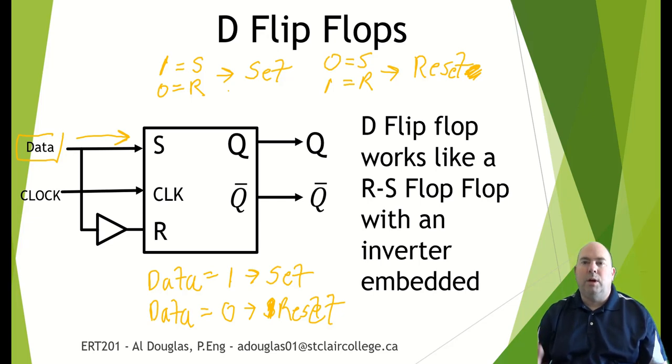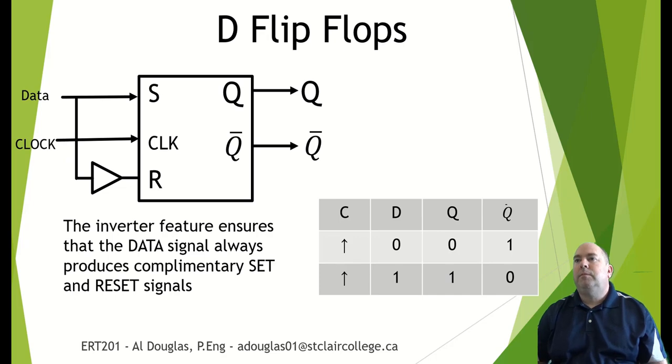The one thing you can't do is the hold signal with this. Okay, so that is the D-type flip-flop. And that really simplifies the data table as well, because basically if D is off, you get Q bar when you clock it. If D is on when you clock it, you get Q.